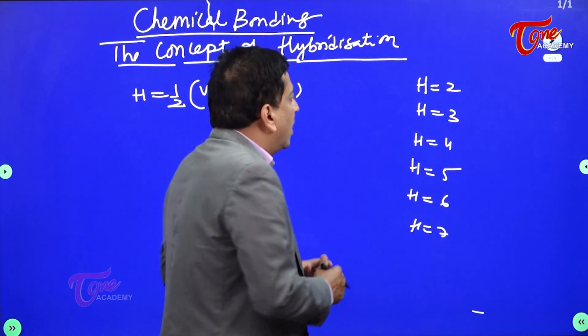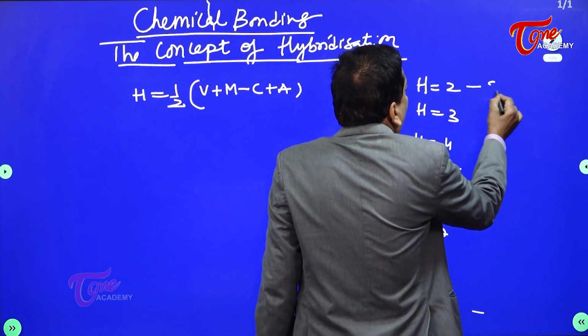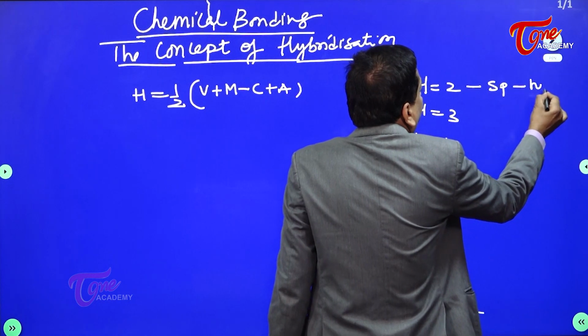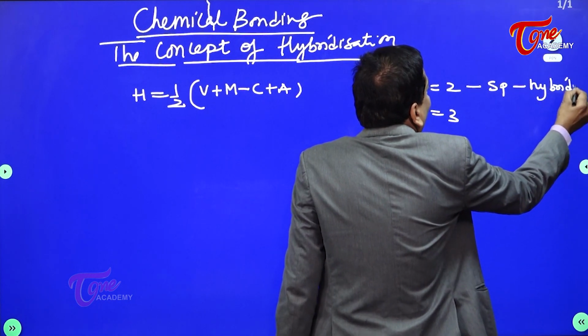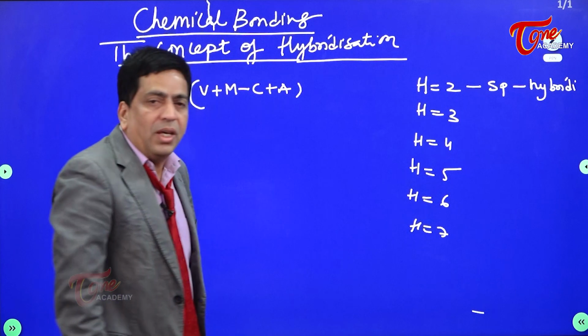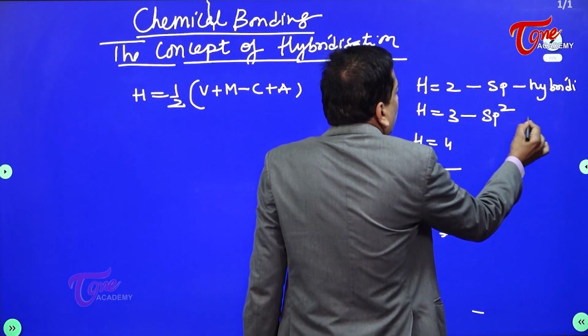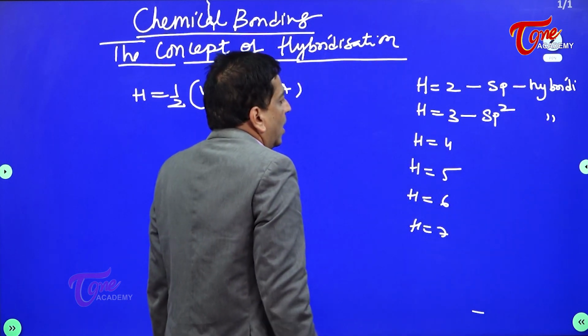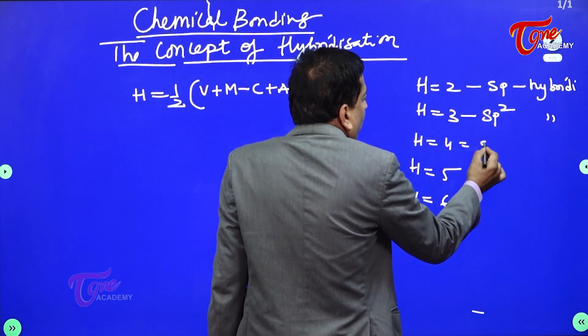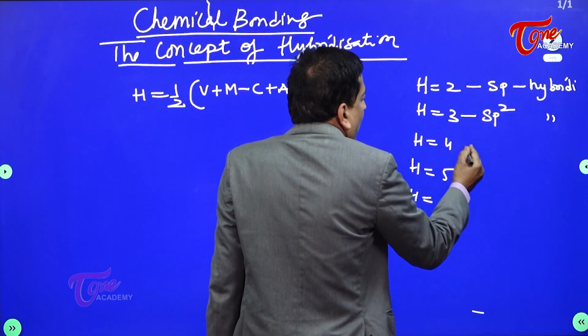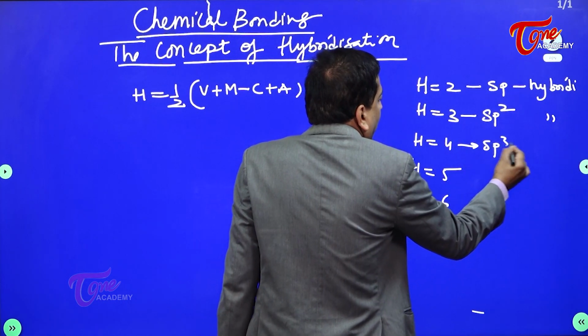For example, if H is 2, it is sp hybridization. And suppose if it is 3, it is sp2 hybridization. If H is equal to 4, it is basically sp3 hybridization.